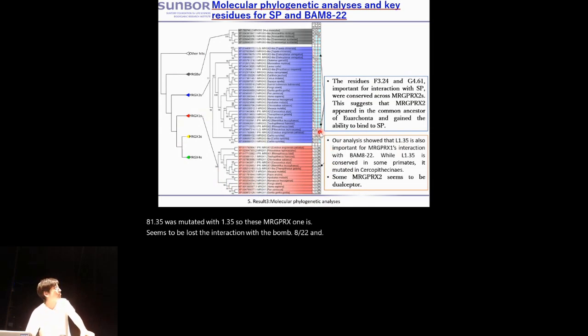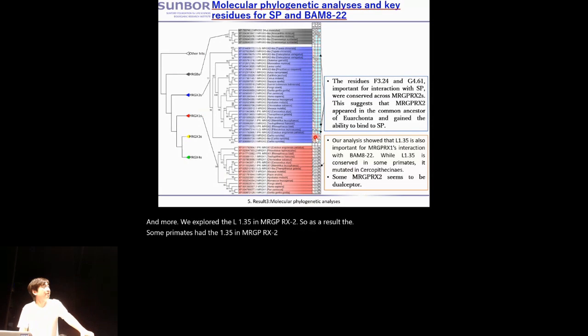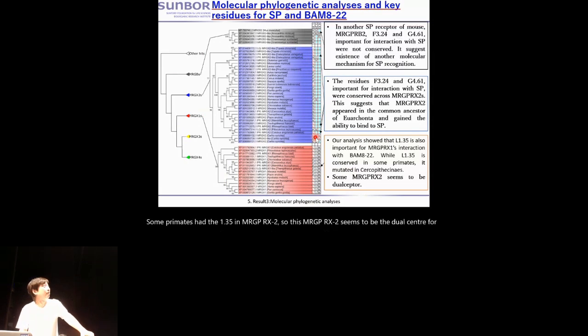And moreover, we explored L1.35 in MRGPRX2. As a result, some primates had the L1.35 in MRGPRX2. So this MRGPRX2 seems to be the dual receptor for SP and BAM22.